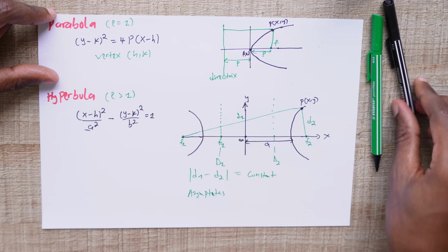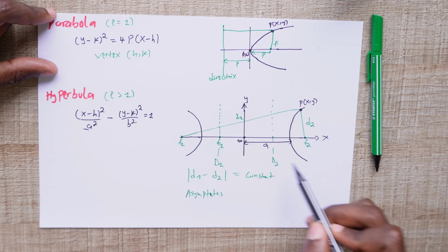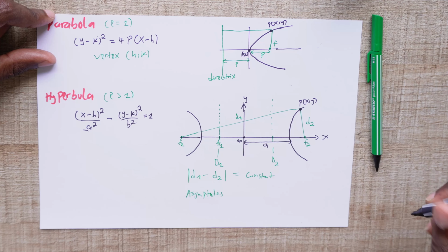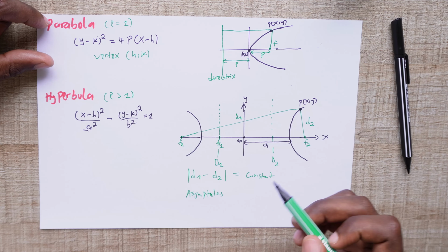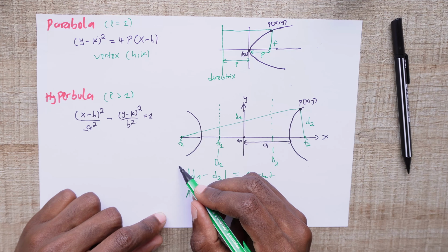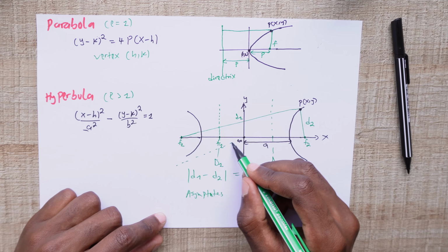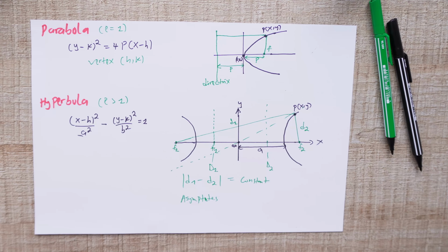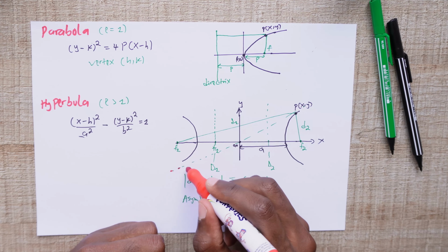And what's really particular about the hyperbola is that we can define two other lines known as asymptotes that are actually tangent to the hyperbola at infinity. In other words, imagine having two lines like these. Let me put that in red, maybe it's going to be more visible. So like that, and like that.